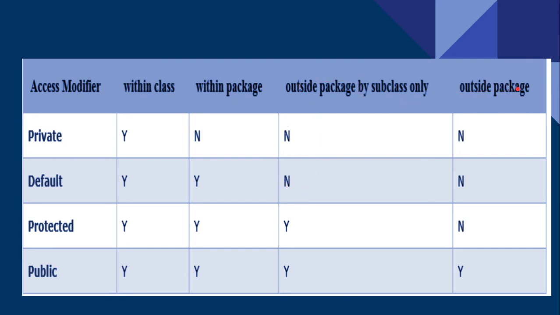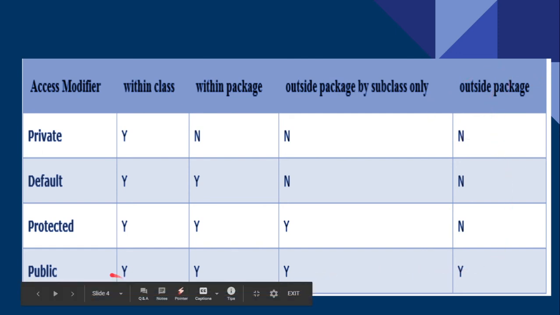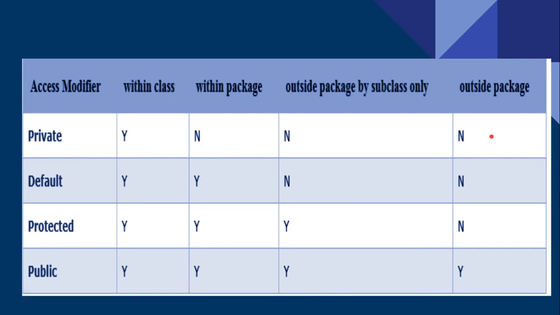Then coming to the next case, outside the package, only for the public specifier can those data or methods be accessible outside the package. Otherwise it cannot be accessible for the private, default or protected specifiers.